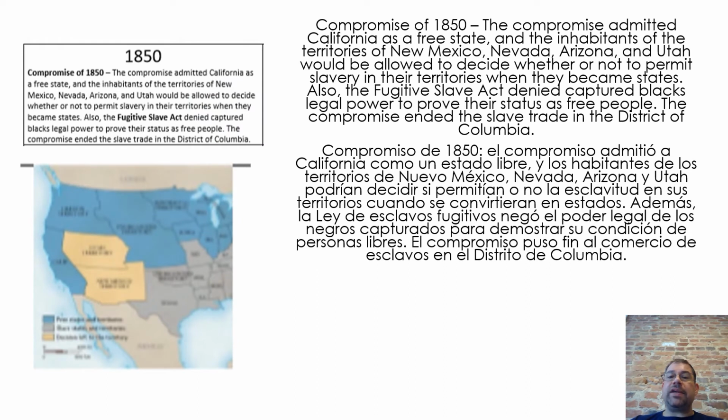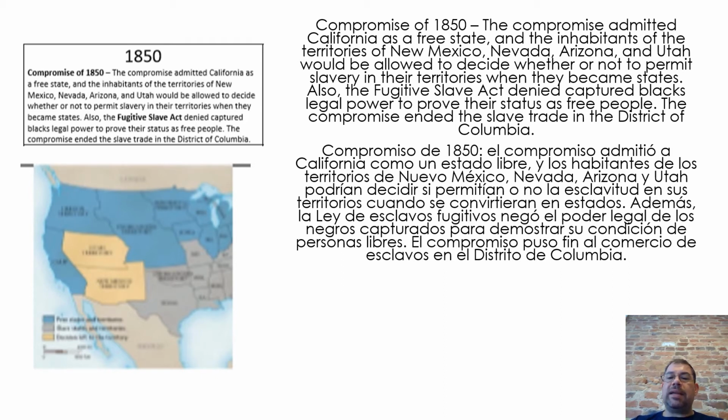Compromise of 1850. The Compromise admitted California as a free state, and the inhabitants of the territories of New Mexico, Nevada, Arizona, and Utah would be allowed to decide whether or not to permit slavery in their territories when they became states. Also, the Fugitive Slave Act denied captured blacks legal power to prove their status as free people.